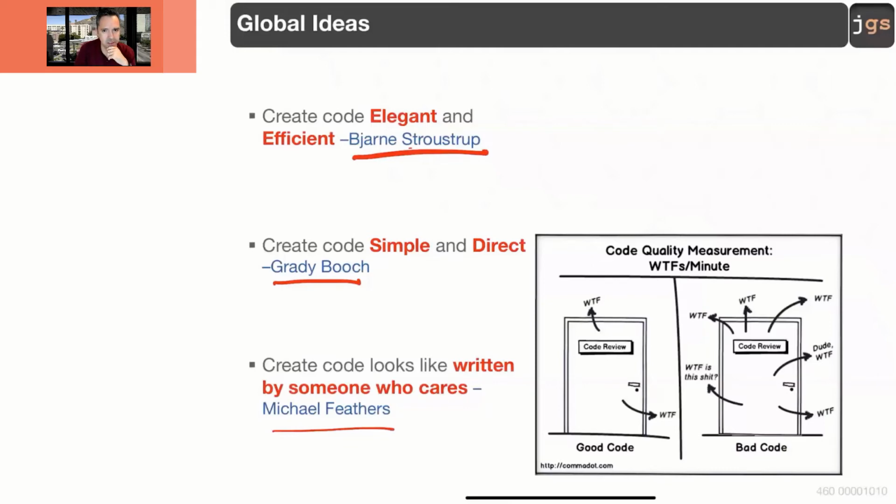Number one, do you know that guy by any chance? Who is this person? Anyone? Thank you. The C++ guy. Okay. The definition for him is your code is good, elegant.